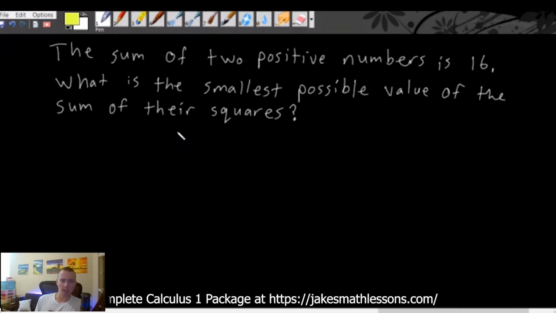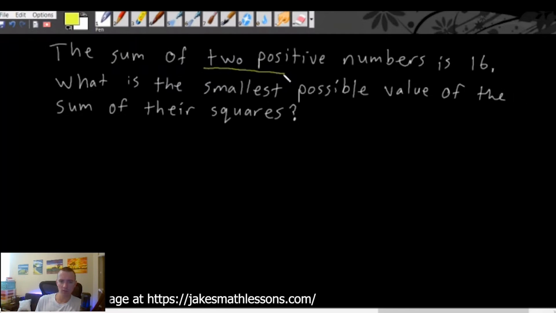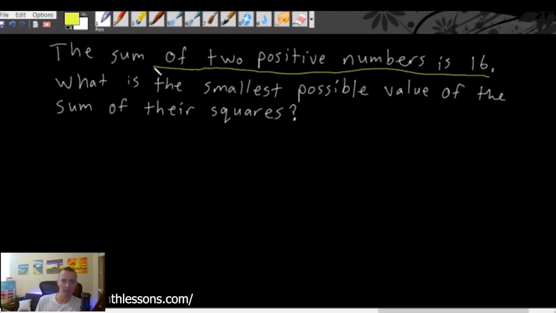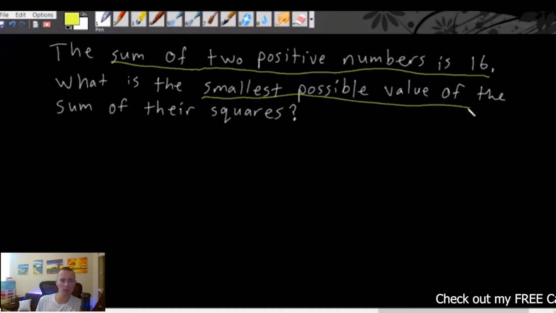First of all, it's telling us that we have two positive numbers and we know that their sum is 16. Notice it's telling us right off the bat that we only want to consider positive numbers. And we want to find the smallest possible value of the sum of their squares.